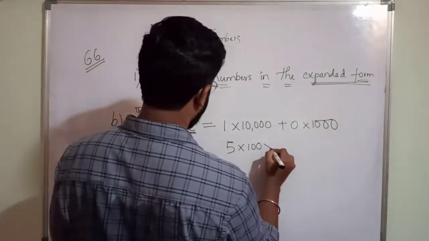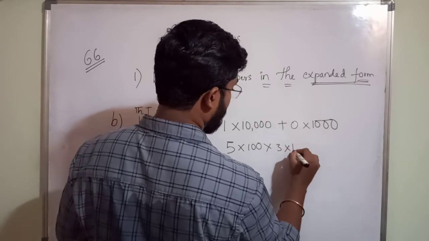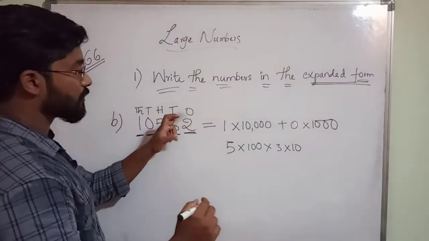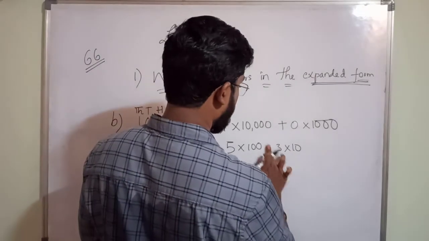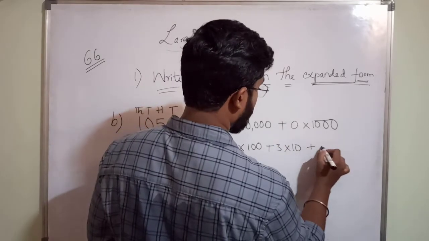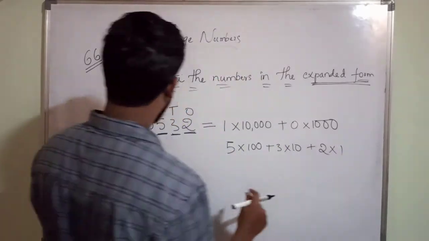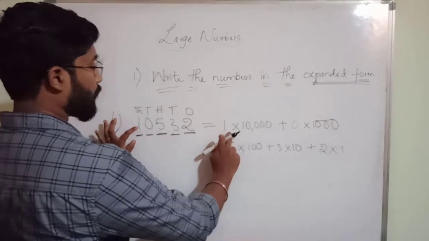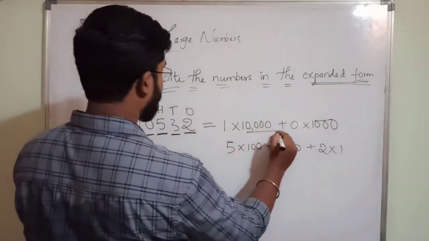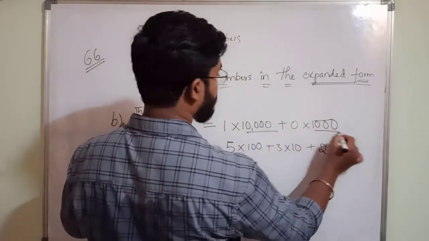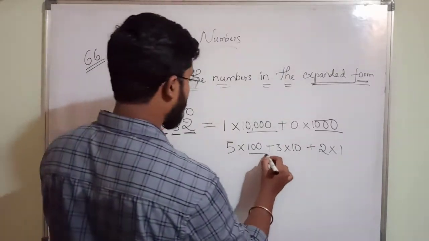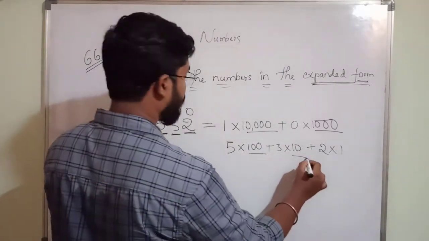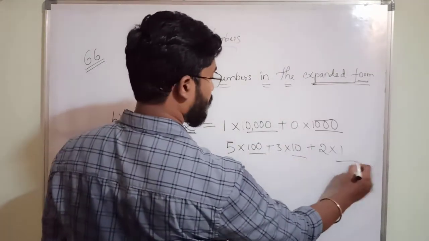Tens place. 3 into 10. 2 is in ones place. So we have 1 into 10,000, 0 into 1000, 5 into 100, 3 into 10, 2 into 1.